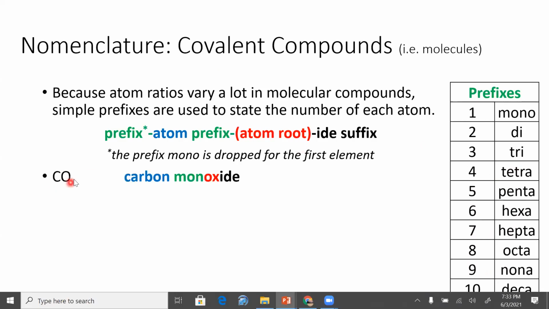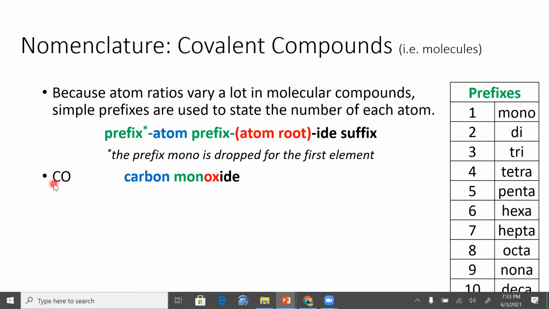Okay, CO. Well, first of all, they are 2 nonmetals, 2 things that are on the right-hand side of the periodic table. If you see that, this is the kind of compound we're looking at. If both of the atoms in the compound are nonmetals, we're using prefixes in the name.